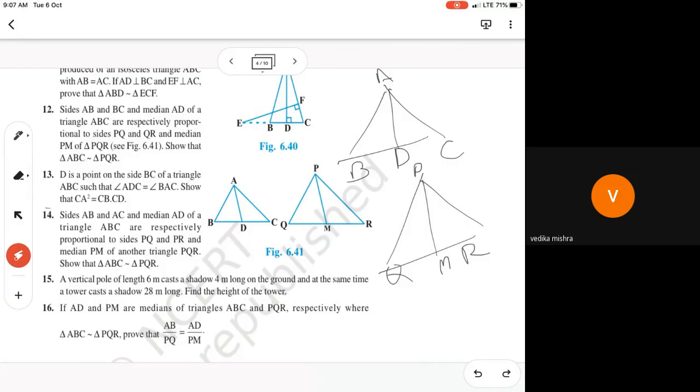So AB by PQ is equal to BD by QM, and angle B is equal to angle Q. Therefore these two triangles are similar, and from that you can say AB by PQ is equal to AD by PM. I think you can do it, so try this one as homework. Okay, and complete the problem.